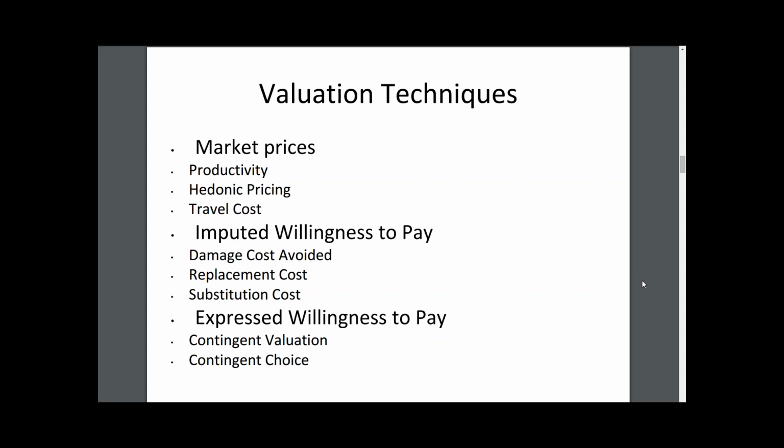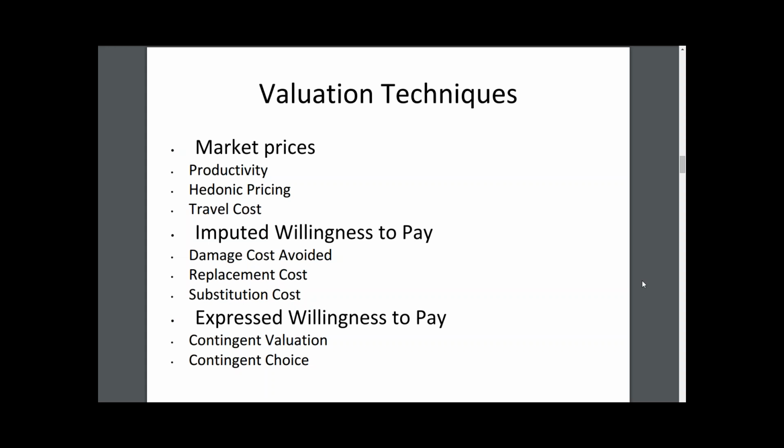Okay, if we don't have this service anymore, say, water filtration by a wetland, and we have to put in a water filtration plant, how much would that cost? So the cost of replacing it with something else that does the same service, what is that worth?